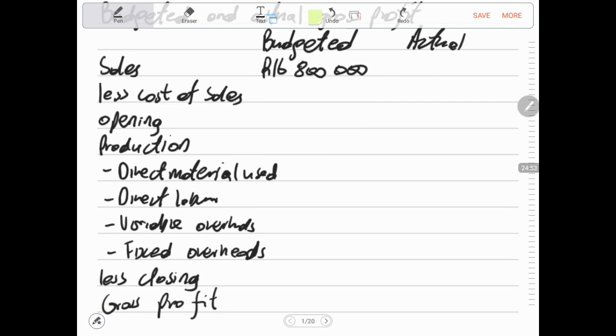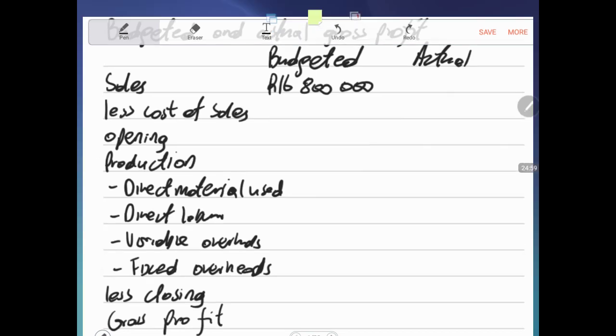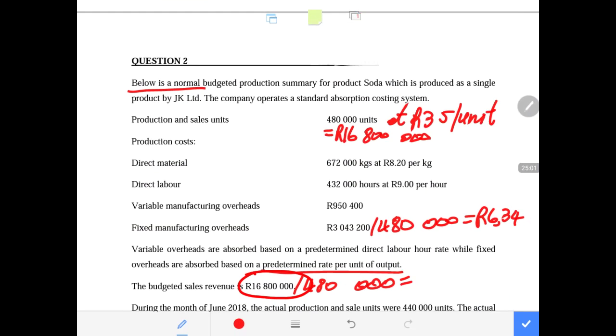Then my material, I think I already did some calculations, and I'm not going to show workings here because of space purposes. My material, I will just do my calculations here. We bought material as 678,000 at 8 rand 20 cents.